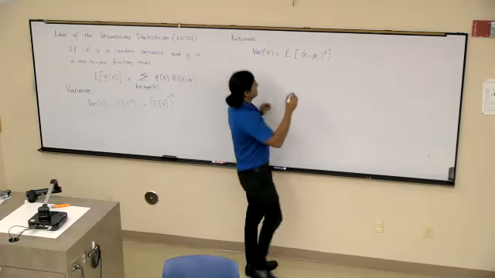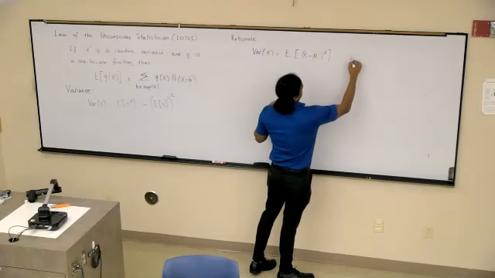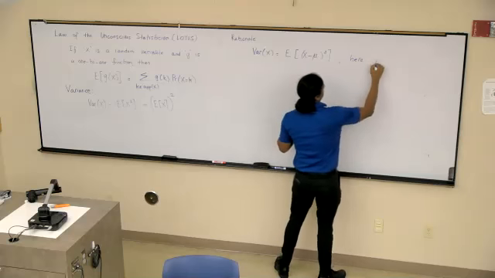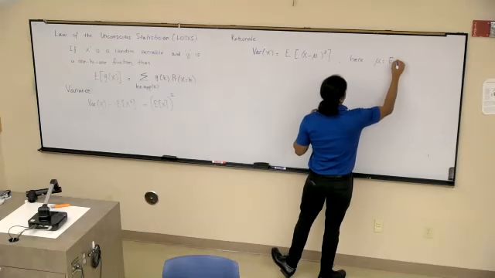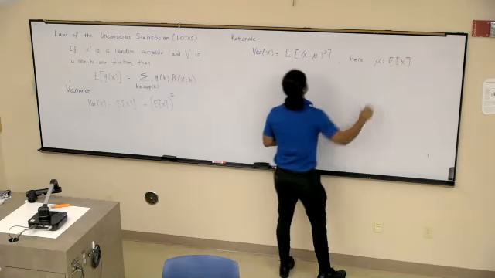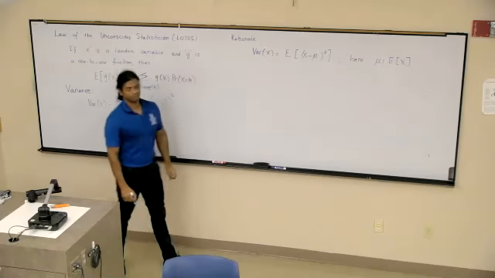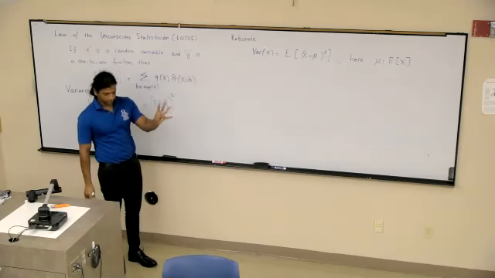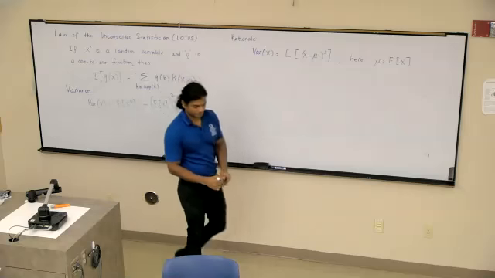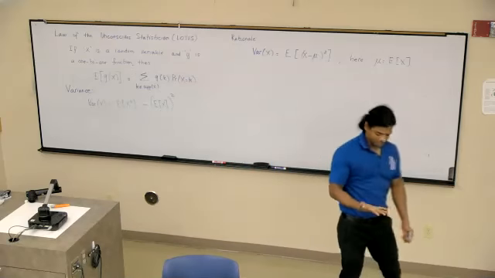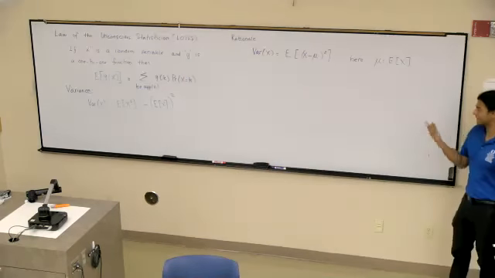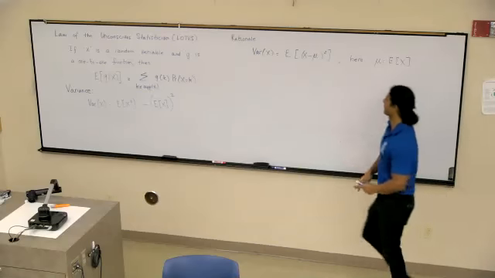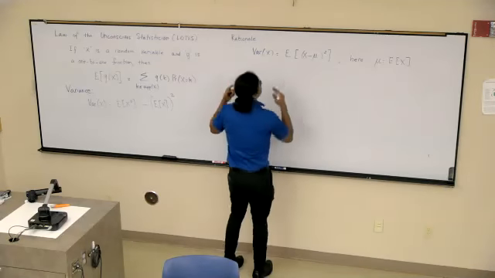Mu is simply the average, it is the expected value. Expected value is simply the theoretical average that we expect, hence the name expected value.